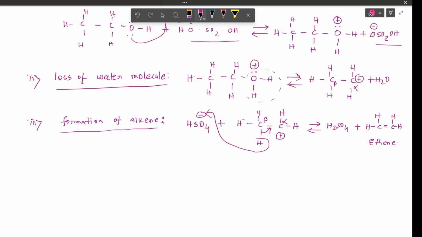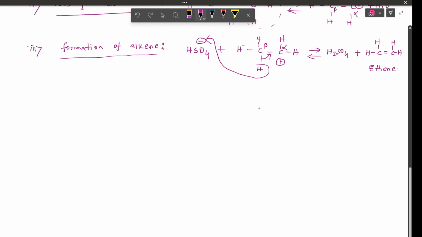This is the mechanism of dehydration of alcohols. It's very important, so be careful. So let us see why this reaction goes in this manner, why the mechanism follows these methods.